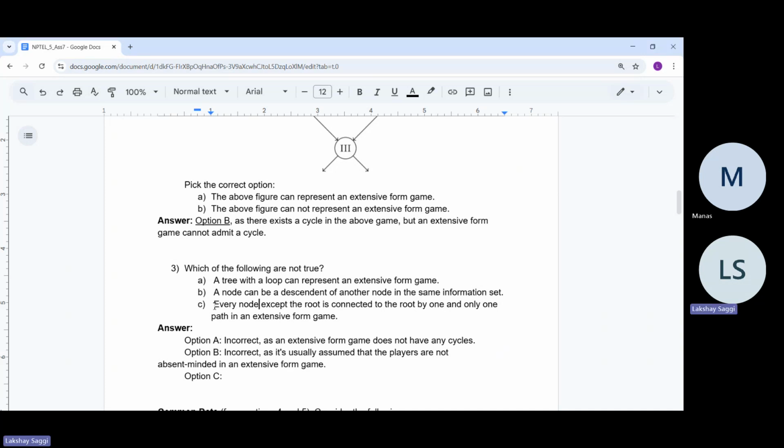So this is, I think, more of a graph theoretic question rather than a game theory question. But anyways, Manas is saying that this statement is correct because there are no loops. Exactly, Manas. Since there are no loops, we know that there always exists one path from root to any node.